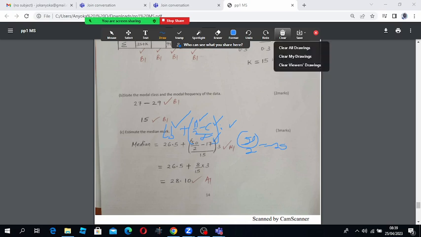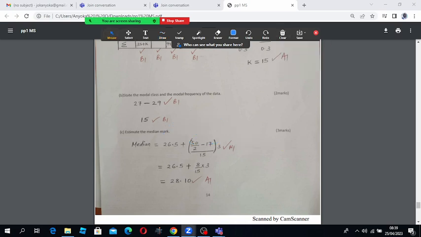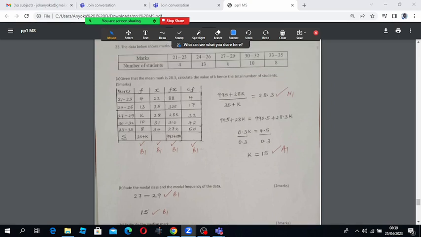You go to the cumulative frequency column and find the first value that will accommodate the 25. So 17 is less than 25. 32 is higher than 25. So the first figure along the cumulative frequency column that is equal to or greater than n over 2, we circle this one. This is our median class.